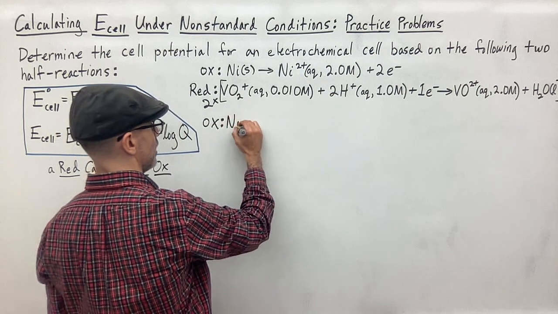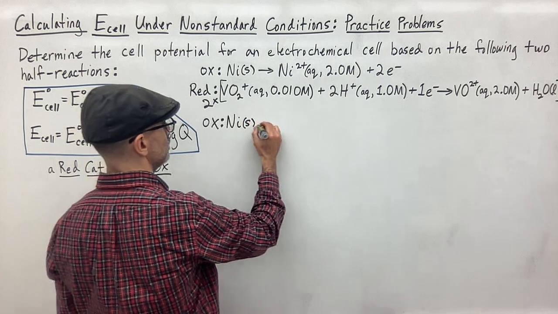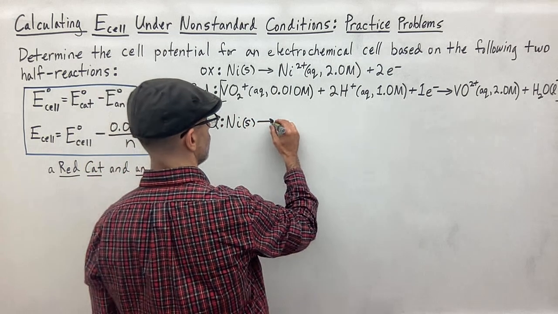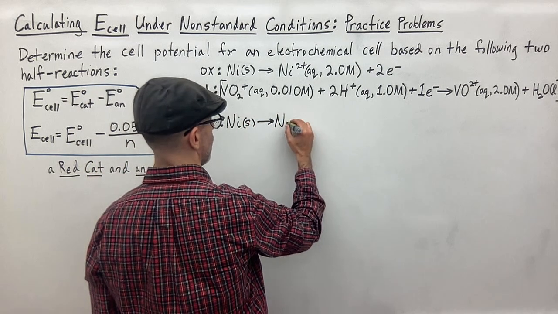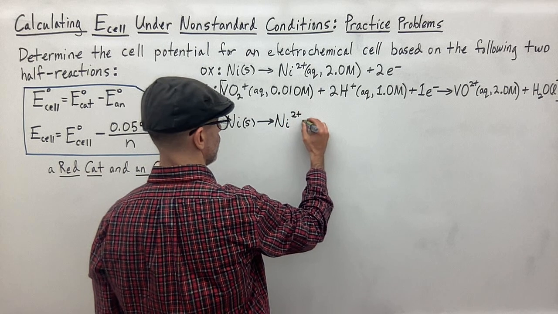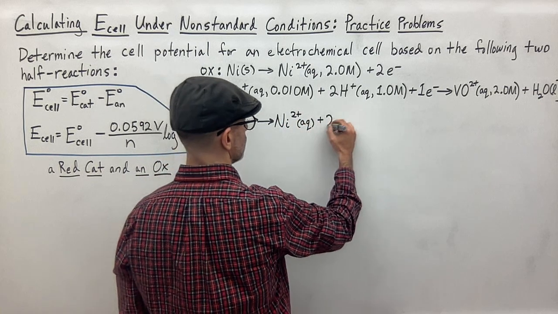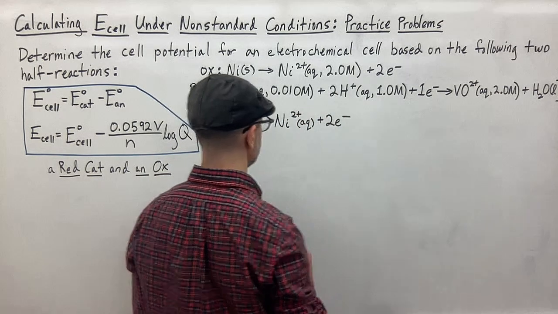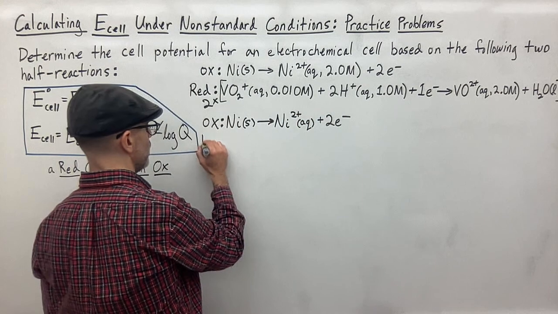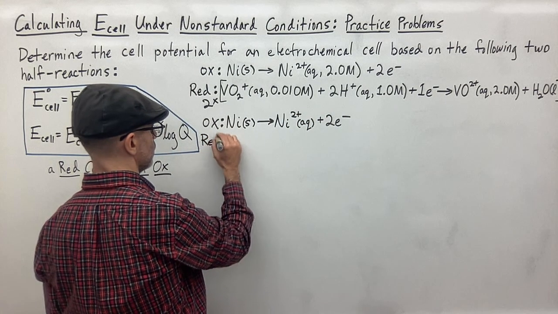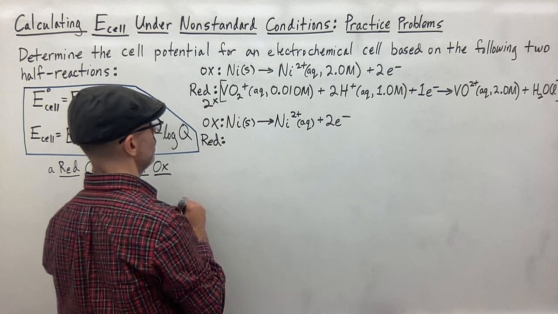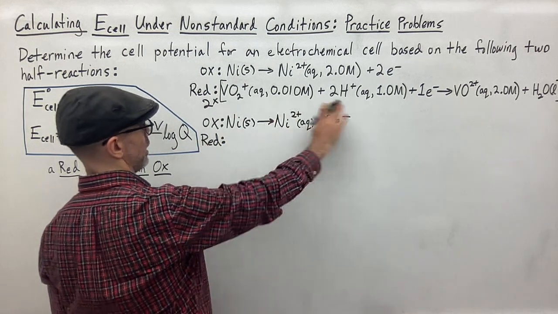So this is Ni solid giving rise to Ni2 plus aqueous, and then plus the 2 electrons. And then for the reduction half, we're going to multiply everything by 2.